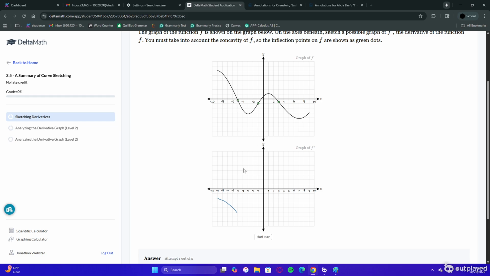So decreasing, increasing, but below 0. And then here you can see that it is increasing, so the graph of f prime is going to be over 0, and it's going to be increasing all the way until -1.